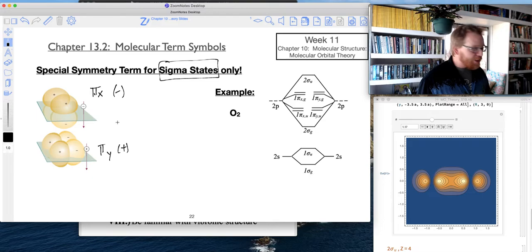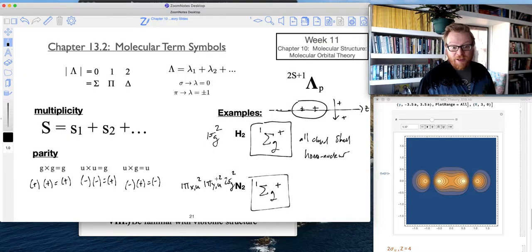So if we look at nitrogen and how we get to that, and remembering that we have a whole mess of this stuff, the way this is going to work, when I break apart my 1 pi x u, both of those are negative, okay? So a negative times a negative makes a positive.